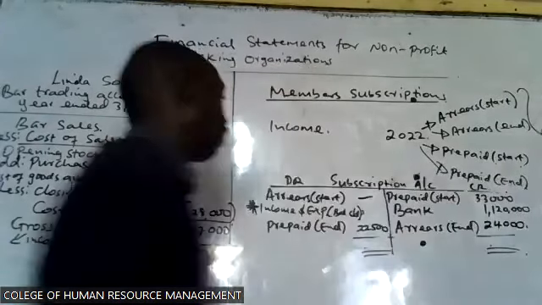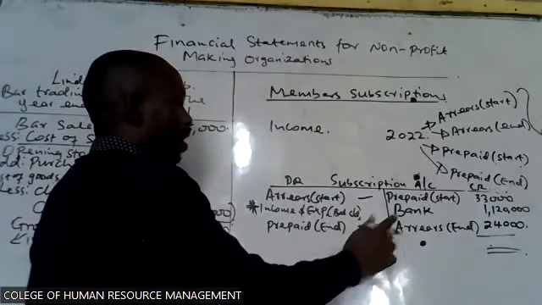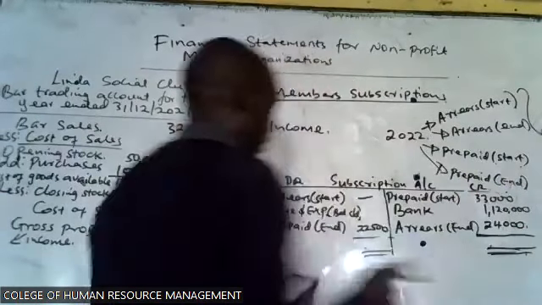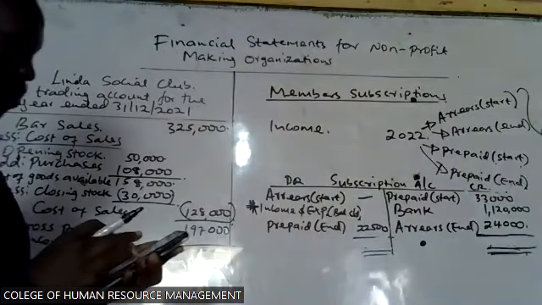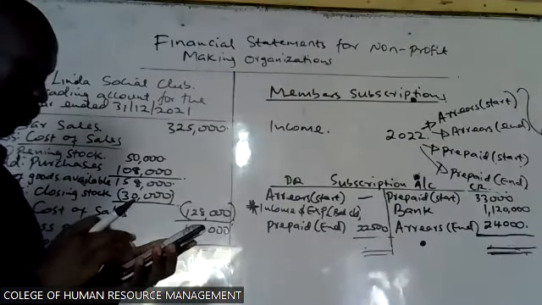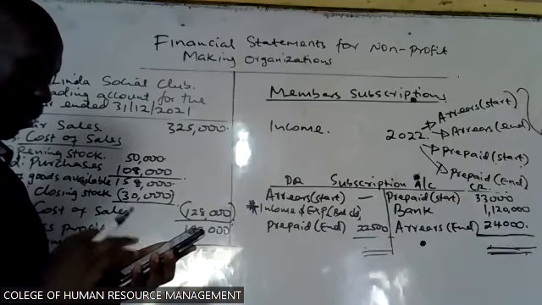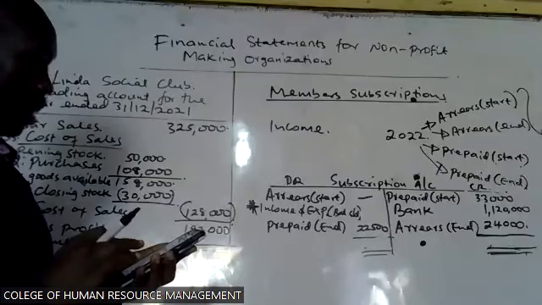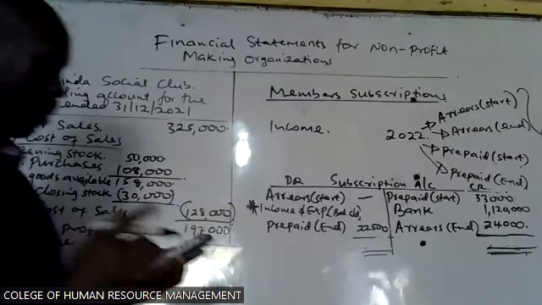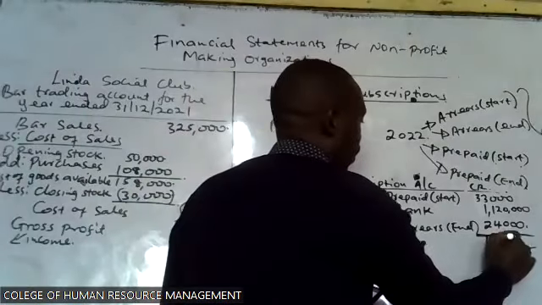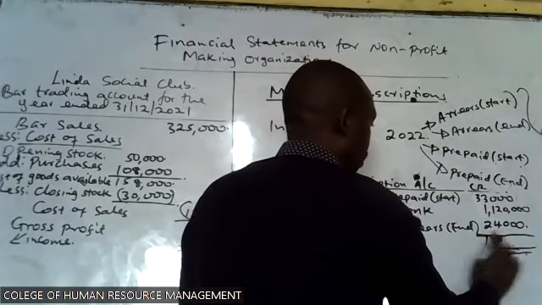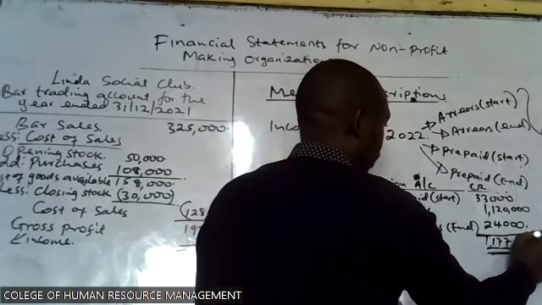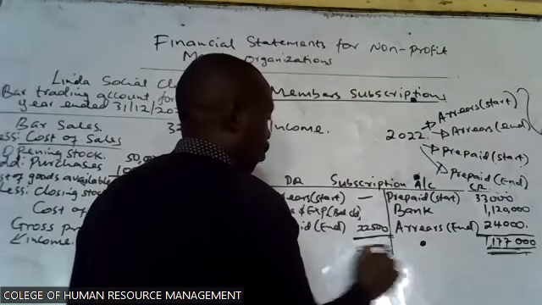Then the balancing figure, the total of this side, will be how much? 3,000 plus 1,120,000 plus 24,000, 1,177,000 should be our total on both sides.